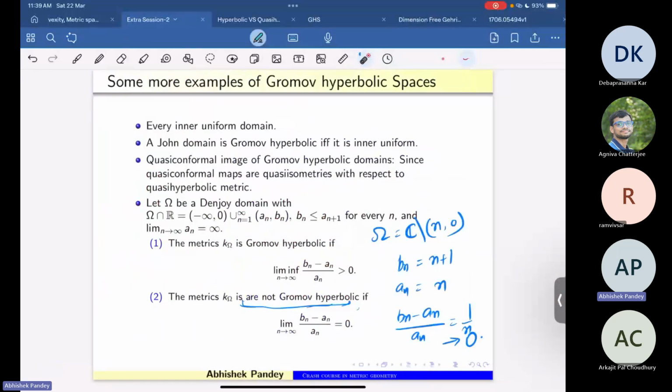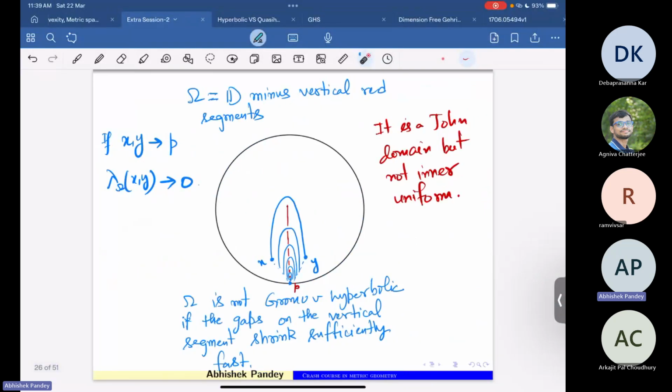Okay, fine. And this is just an explanation of other domains. So we have a domain omega, the disk minus vertical red segments, and these segments are converging towards this point, and the gap between these two segments is shrinking sufficiently fast.